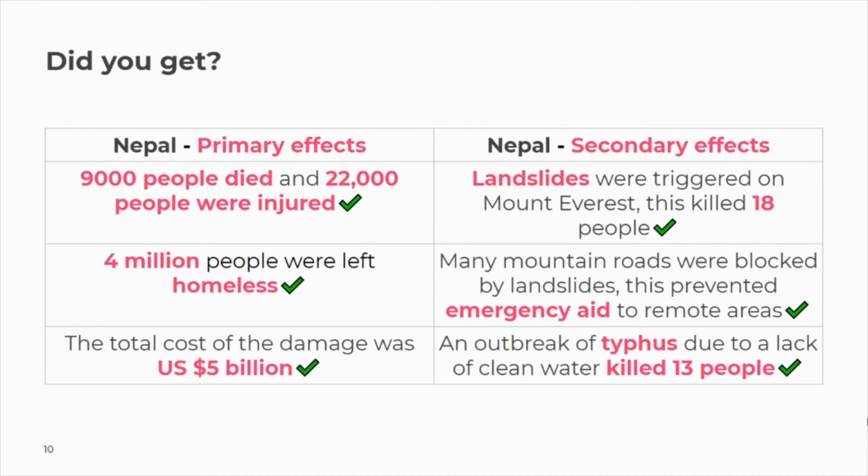So actually, in theory, they should have had the same effect. But actually, we know that New Zealand is a HIC, an economically developed country, and we know that Nepal is a LIC. So actually, we can start to deduce, really, that the effects in one were worse than the other, and that could be linked to the country's economic development.